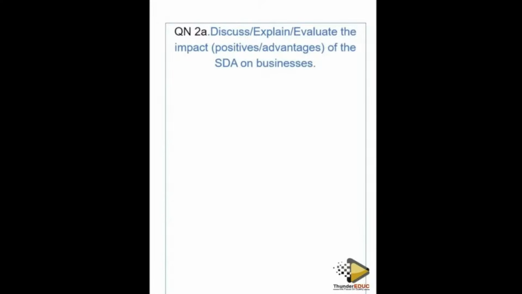So now we are going to check the positive side of it, meaning we are going to check that indeed this Skill Development Act really helped different sets of businesses to achieve their mandate of attaining profit.